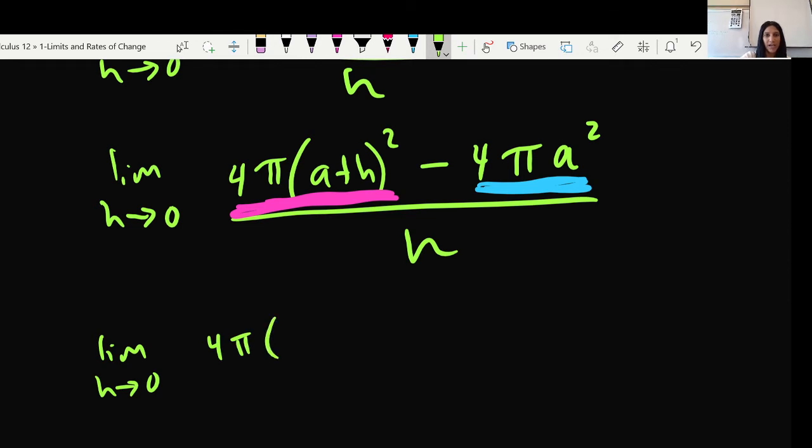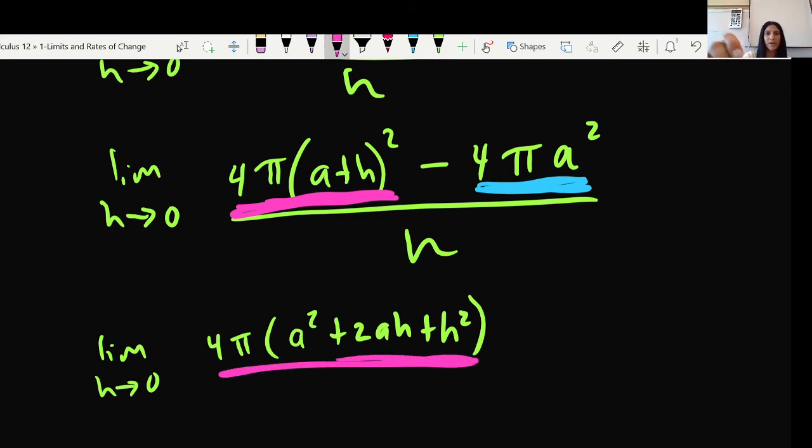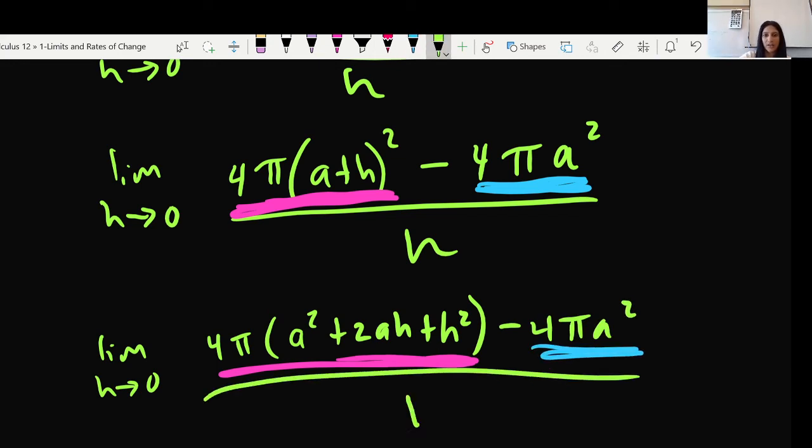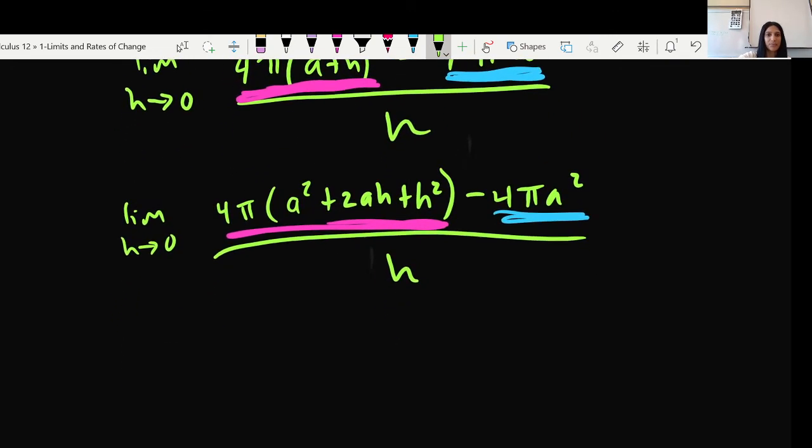So when you do that here, you would get a squared plus 2ah plus h squared in here. And so again, that's just representing that part. And then we have minus, and we still just have the same thing, which is 4 pi a squared, but I'll show you with this again that it's this, and the whole thing is over our value of h.